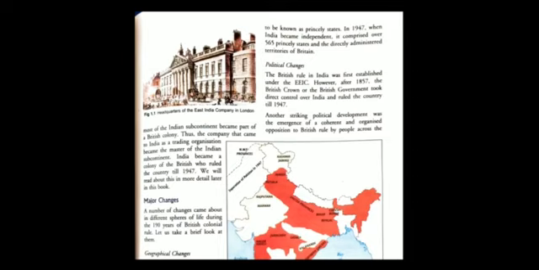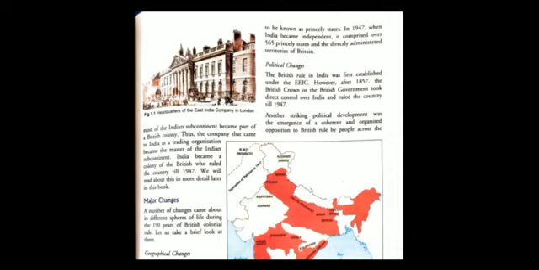Now let's talk about political changes. After the English East India Company, for the first time the British government took direct control over India and ruled the country till 1947.